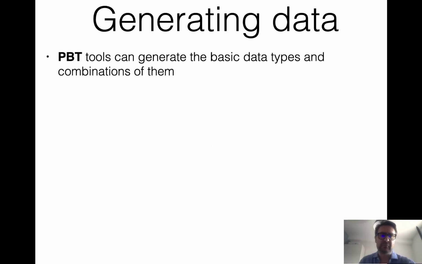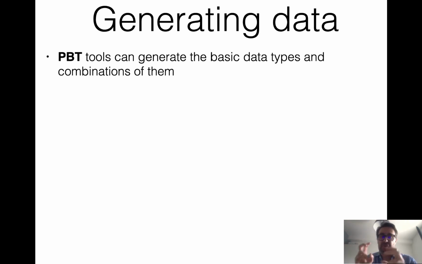So how do you generate the data? We have talked mainly about the properties, not so much about the data. Of course, all PBT tools come with support for the generation of the basic data types of the language, or the general basic data types like integers, floats, strings, arrays, and so on. And often you can combine them quite easily.